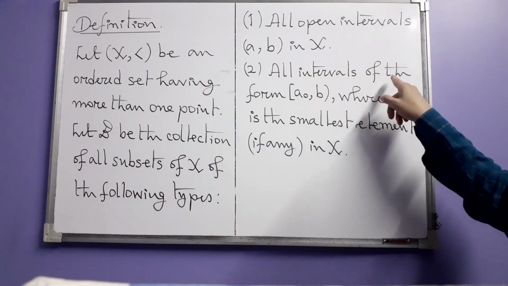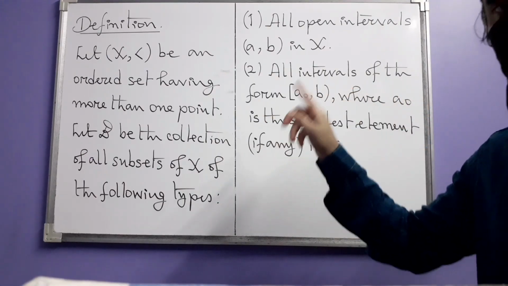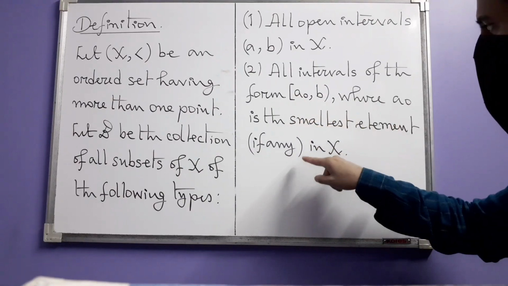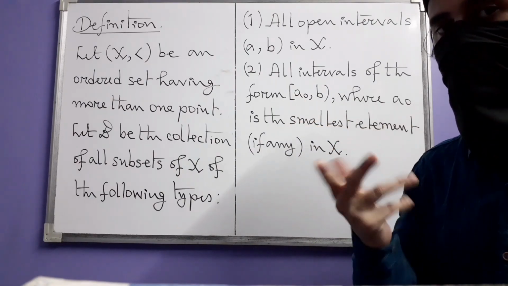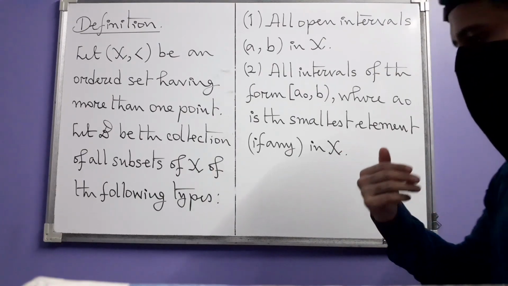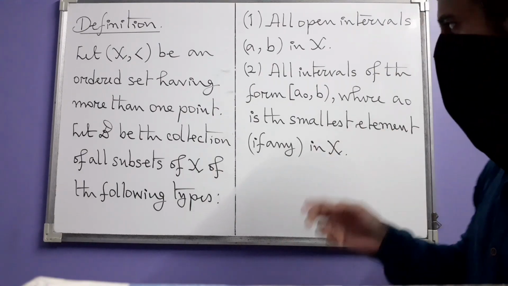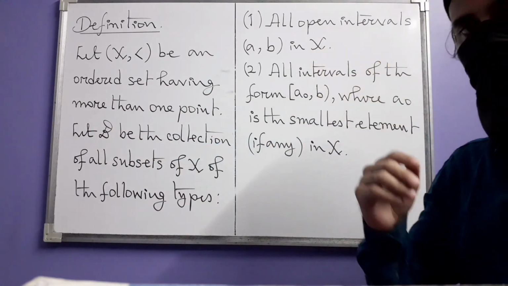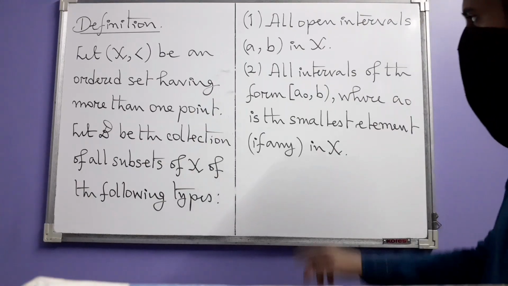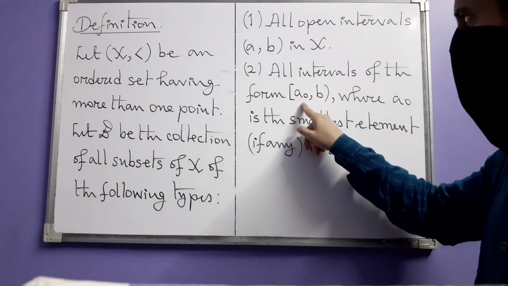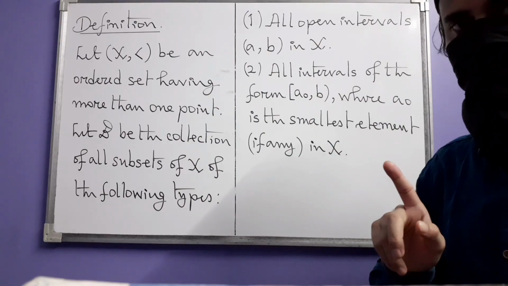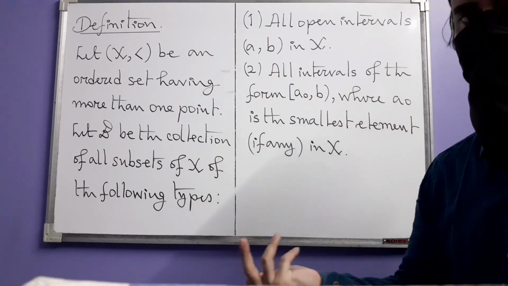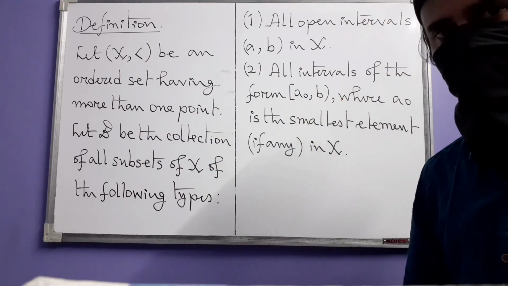Next, all intervals of this type, closed open, where A naught is the smallest element in X, which actually may not exist. If X does have a smallest element as an ordered set, then in this collection B, this type of intervals will also be considered, where on the left hand side you have that smallest element, and on that side the interval is closed, and on the right side you have some element which is greater than the smallest element.